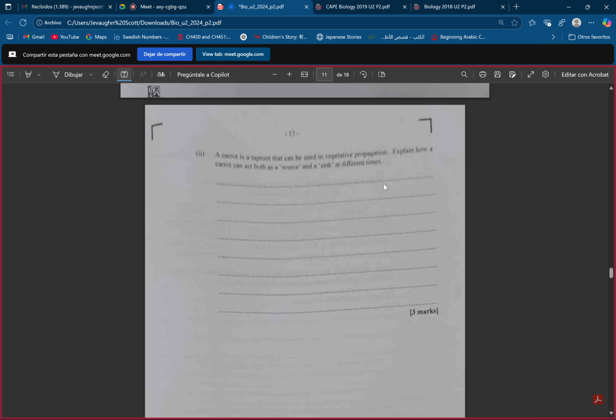So we're going to start with source. So what's a source? Could you define for us what a source is before we begin?